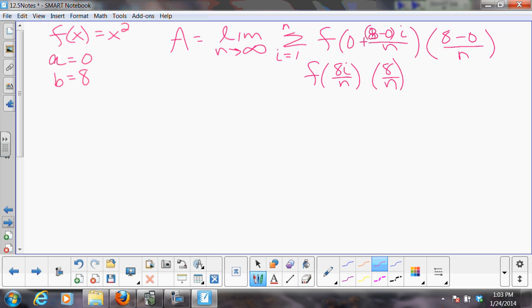So this piece here is kind of like a scalar. That's like some number. This is the actual function part. So I'm going to take this 8i over n and plug it into x squared because that's what my function is.